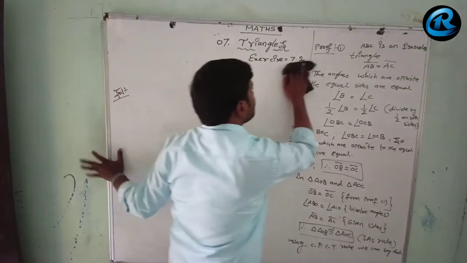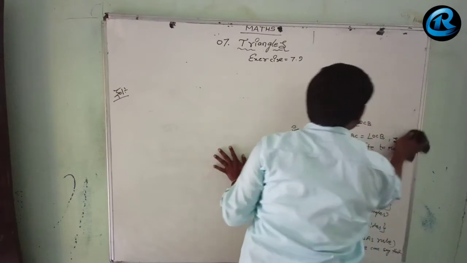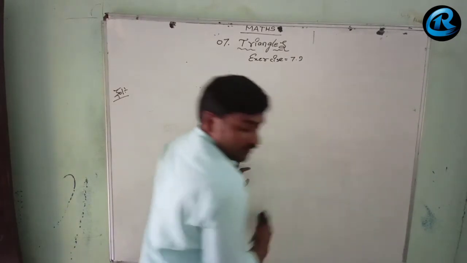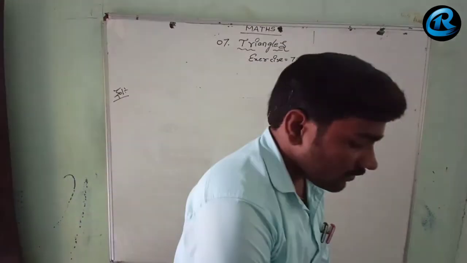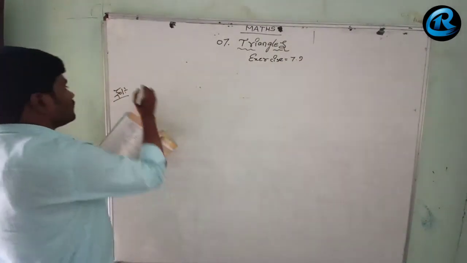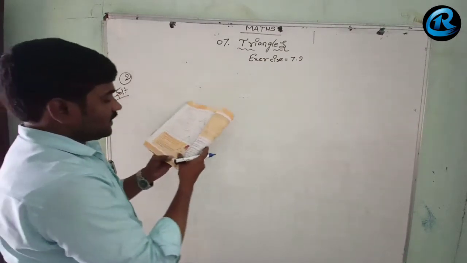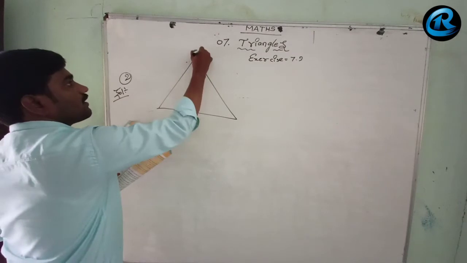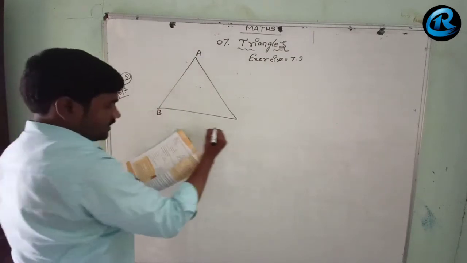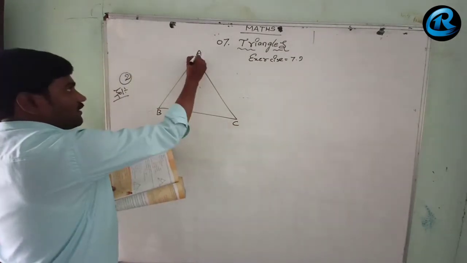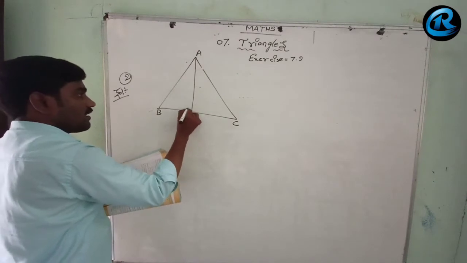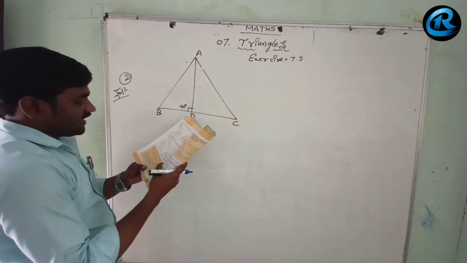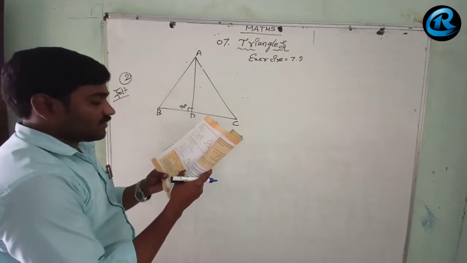Then we go for question number 2 from this exercise 7.2. So the question is, in triangle ABC, let me draw the picture. It is A, B, C and AD. Now let us see that in triangle ABC, AD is a perpendicular bisector of BC.